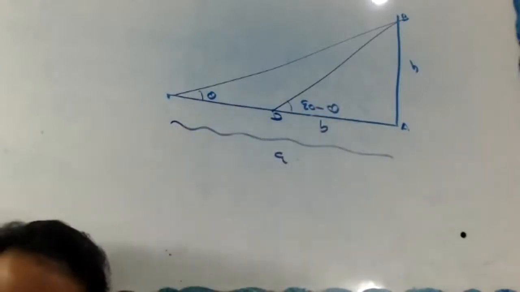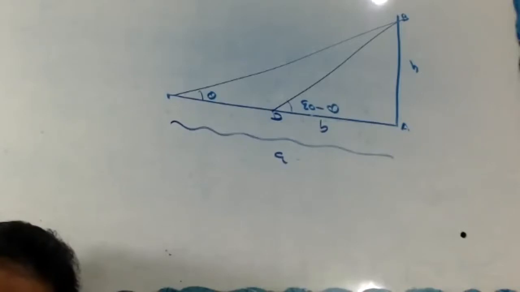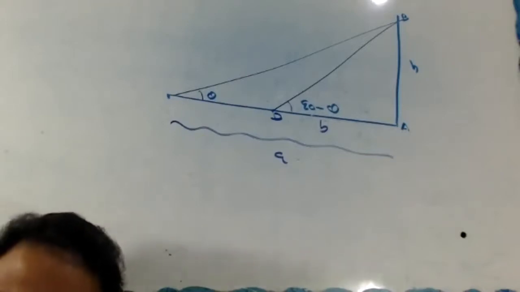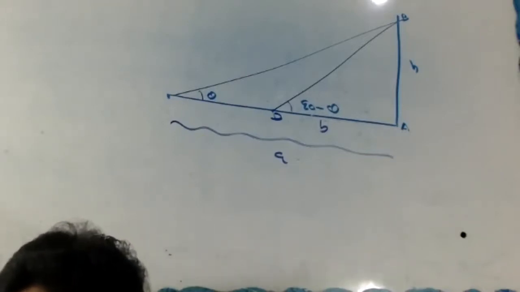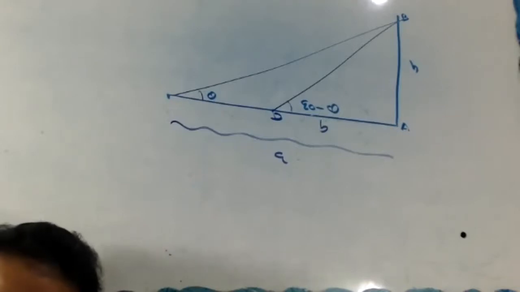The only problem is when the angles are given, because we cannot write here 30, here 60. That's all. Okay, finish. Roshan, finish.